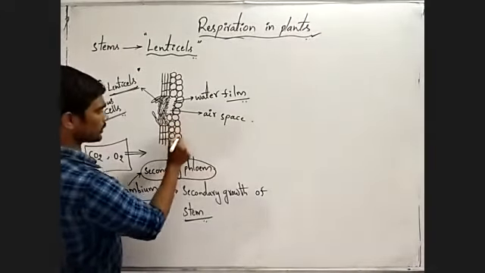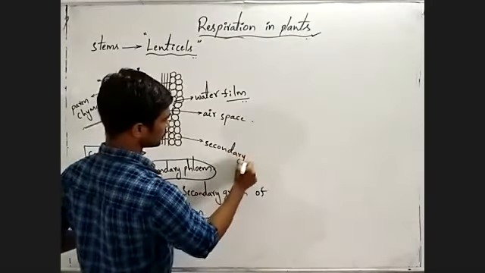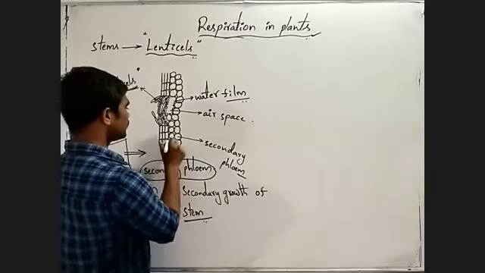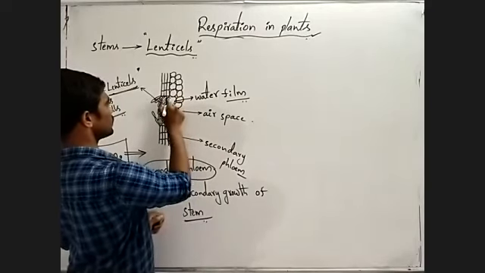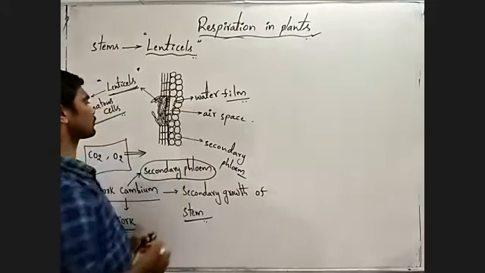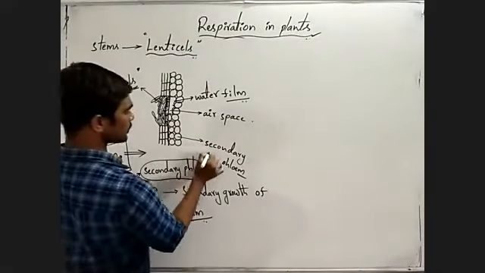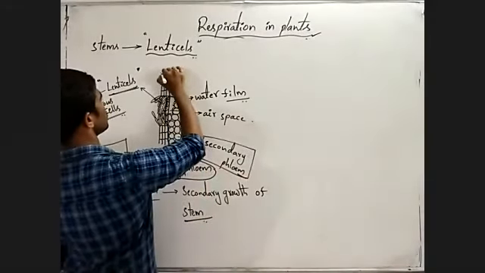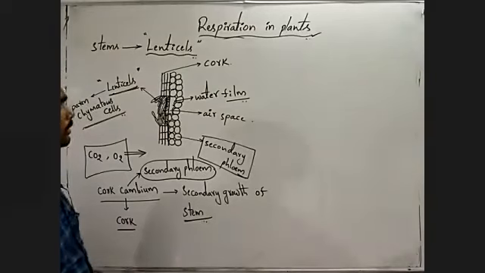Towards the lower side, it forms the secondary phloem. Here, meristematic tissue is present. Imagine this is meristematic tissue. Okay, this is the secondary phloem. Here this is the cork.